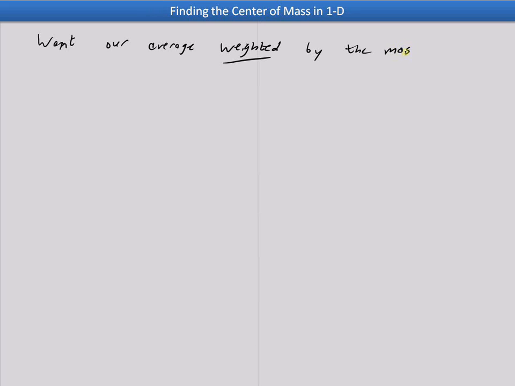Now, I don't mean weight in the sense of mass and weight. I mean weight as in how important each factor is. So what we want now is that our x center of mass, instead of just being an arithmetic average, is going to be a mass-weighted average.